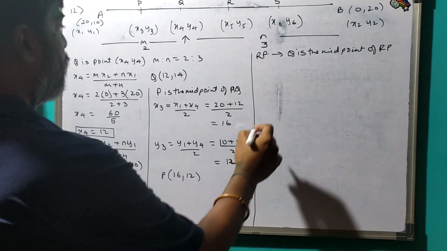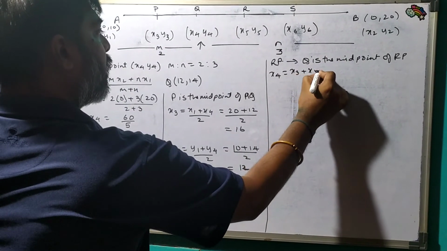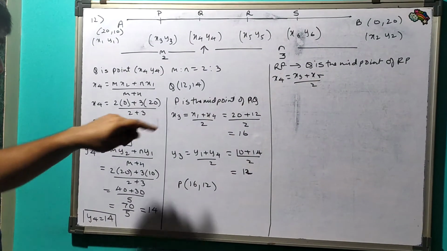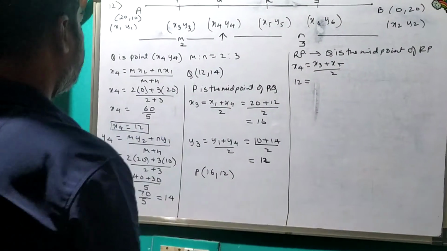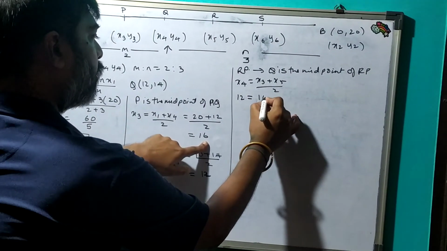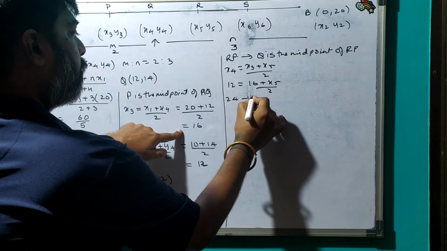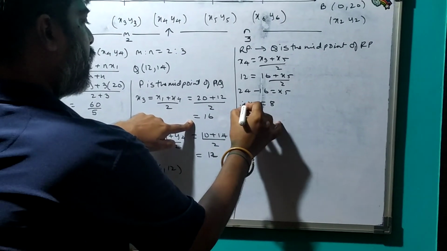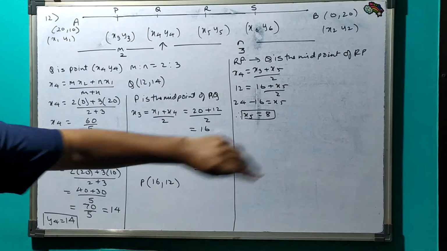If Q is the midpoint, I can directly write x4 is equal to x3 plus x5 upon 2. x4 is 12, so 12 is equal to x3, which is 16, plus x5 upon 2. 2 12s are 24 minus 16 is equal to x5. Therefore, x5 is equal to 8.